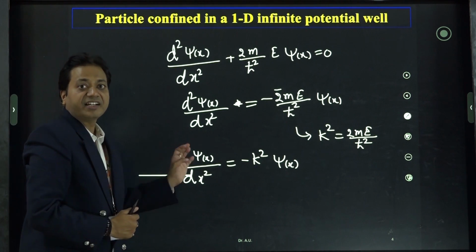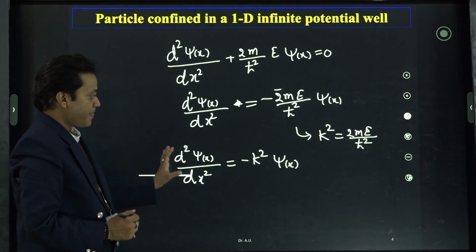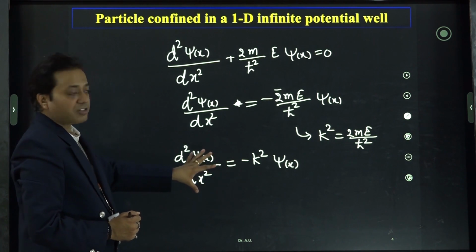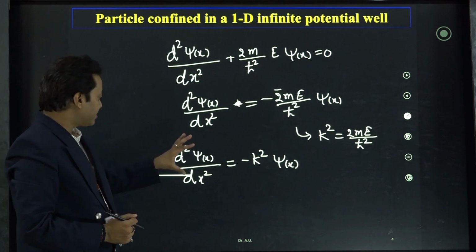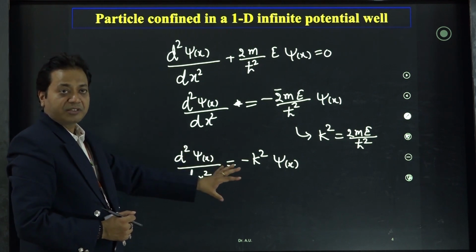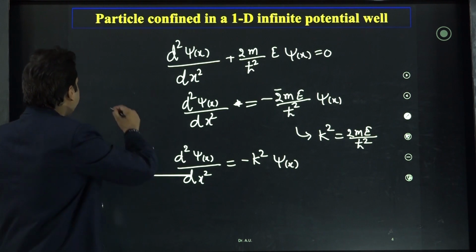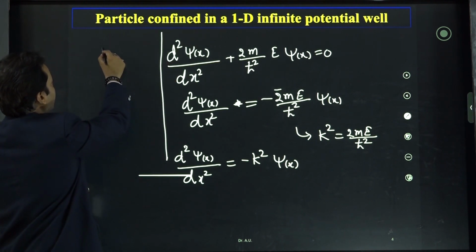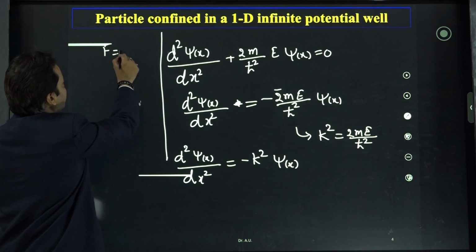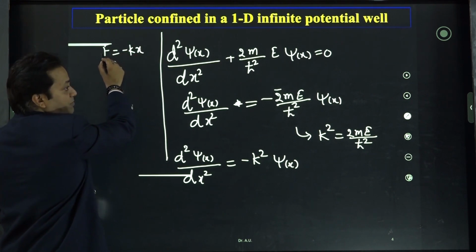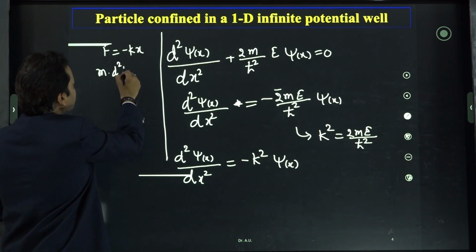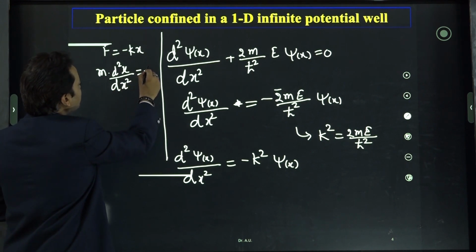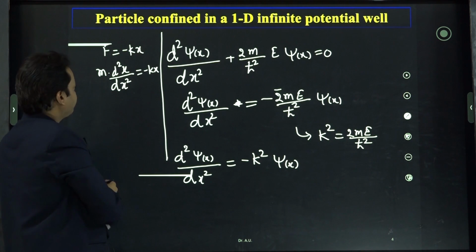This is a second order differential equation. We can write the solution of this equation directly, because if we see this equation, it is the same as simple harmonic motion. If you remember that equation, the force can be written as F equal to minus kx, which is mass multiplied by d2x over dt square is equal to minus kx.